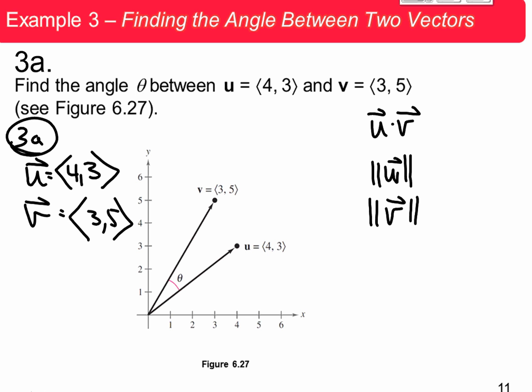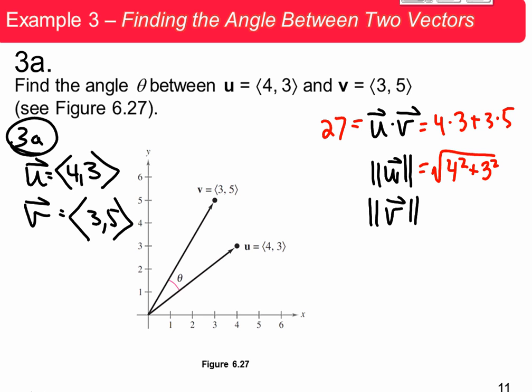Okay, what's u dot v? How do you get it? 4 times 3 plus 3 times 5. And so what is that? 12 plus 15, which is 27. And what is the magnitude of u? Just the plain old magnitude. 4 squared plus 3 squared.